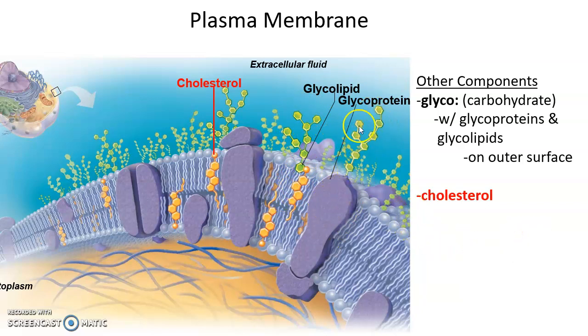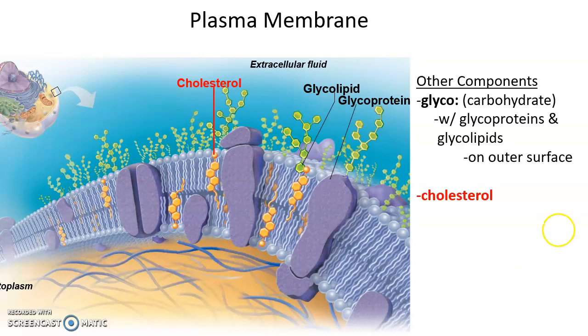Glycoproteins are proteins that have carbohydrates attached to them. So glyco for the carbohydrates, protein for the protein. It's worth noting that these carbohydrates are always on the outer surface of the plasma membrane. So they are facing the extracellular fluid. Turns out this is important because they allow our cells to recognize each other.